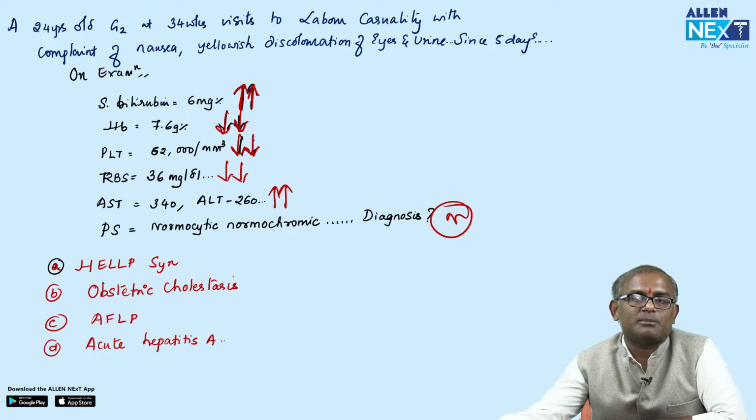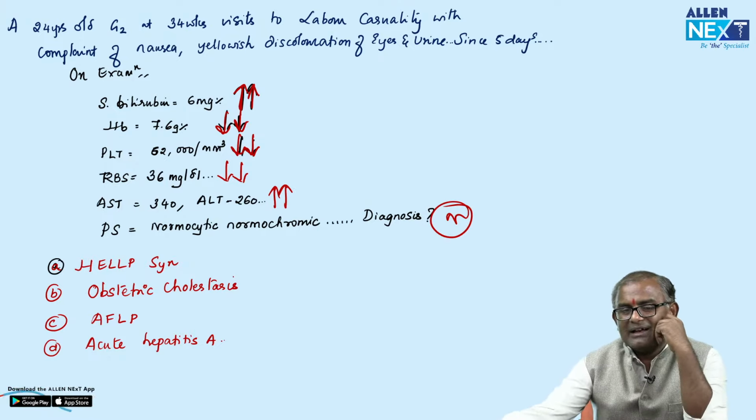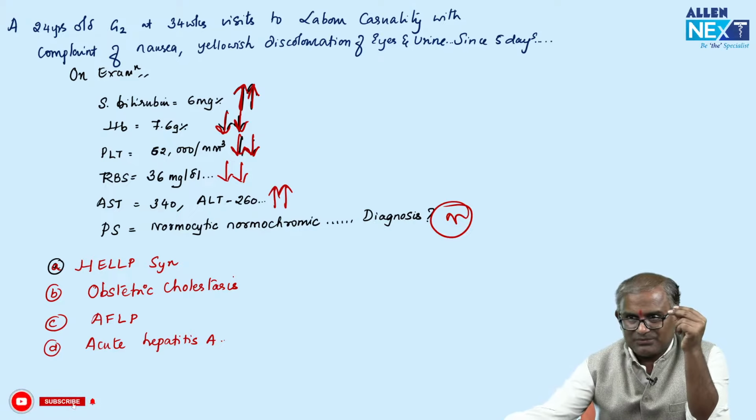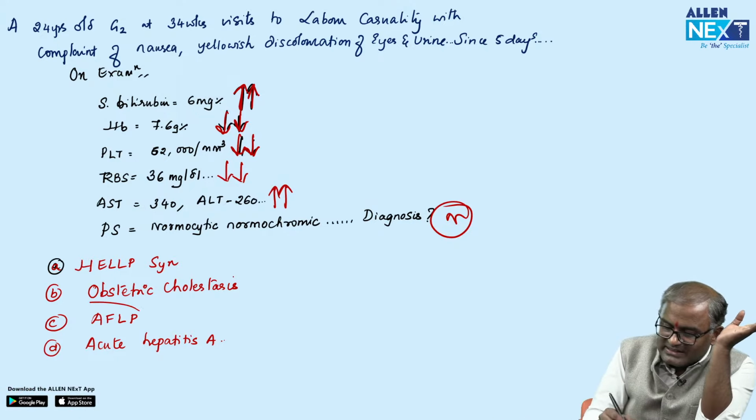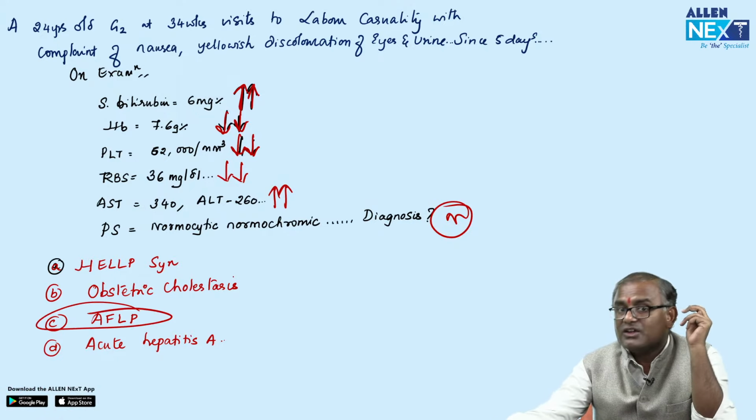Peripheral smear is normal. What's the answer? If random blood sugar is decreased, it means gluconeogenesis is affected, meaning some liver pathology. Definitely it is acute fatty liver of pregnancy. You got the point, doctor?